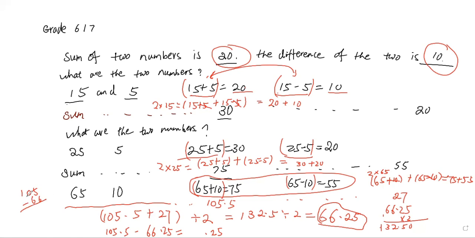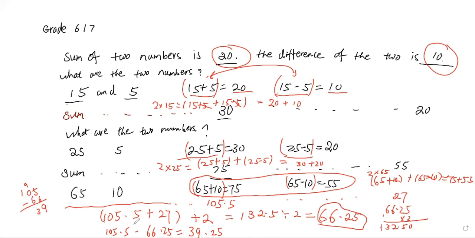You could think about it step by step, and you get 39.25.